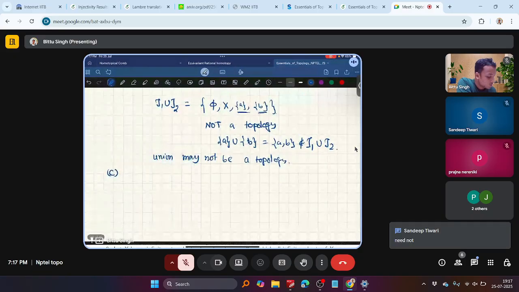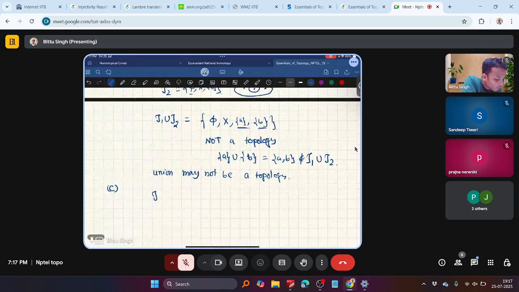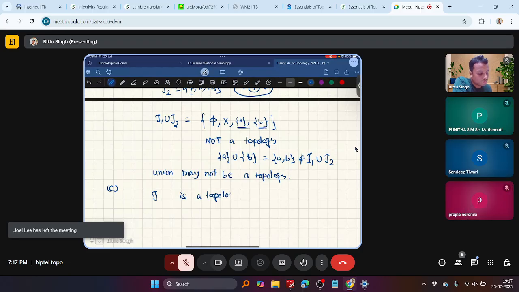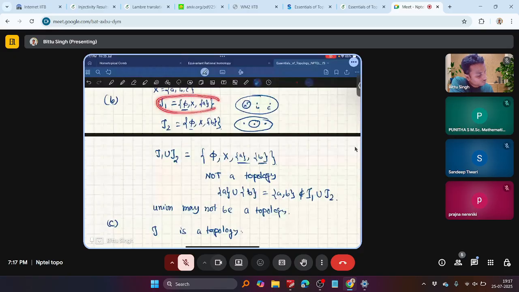Okay, it is given that tau i is a topology, so let me denote it by tau. Tau is a topology. Now, what about the complement of tau? For example, here, if we consider this example, what will be the complement?